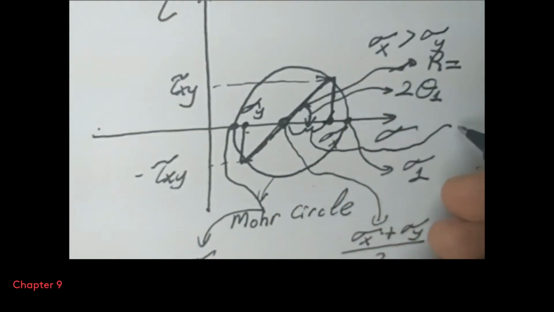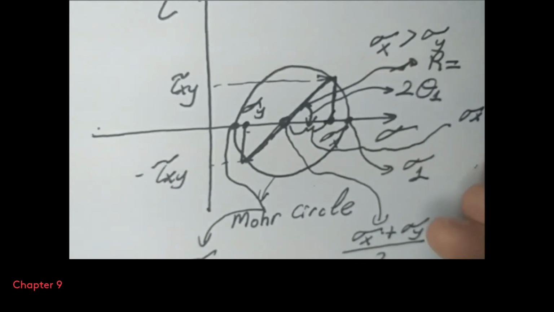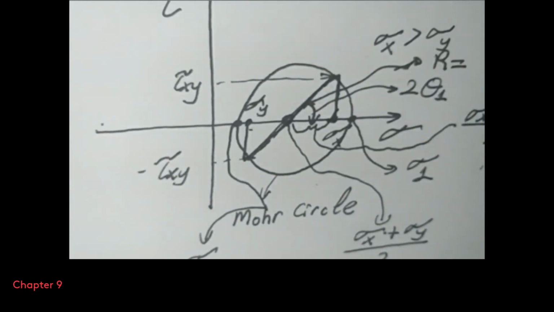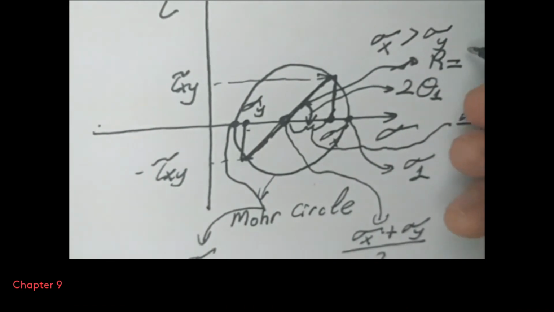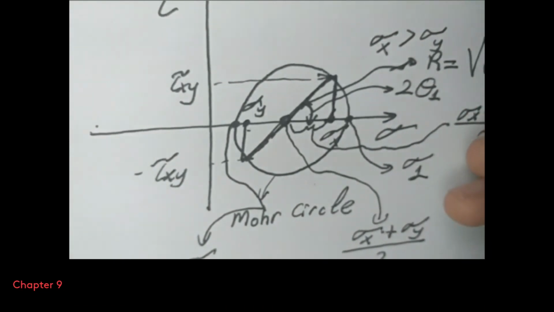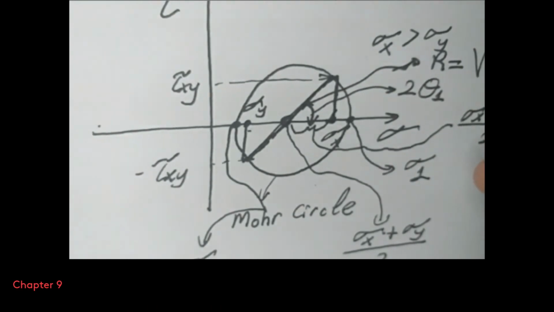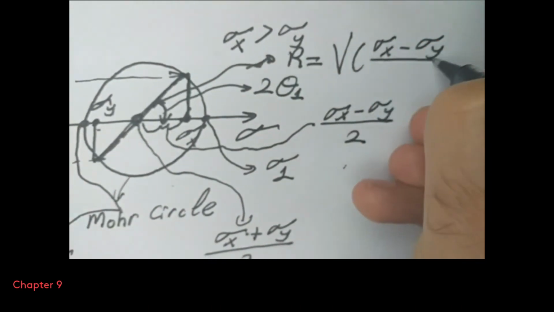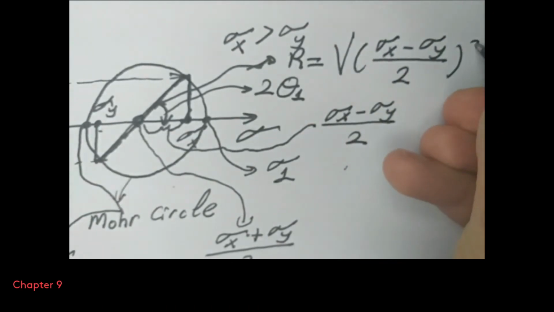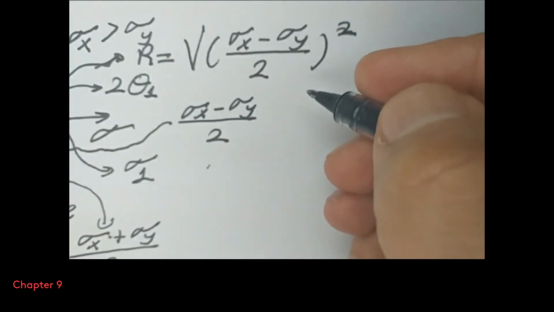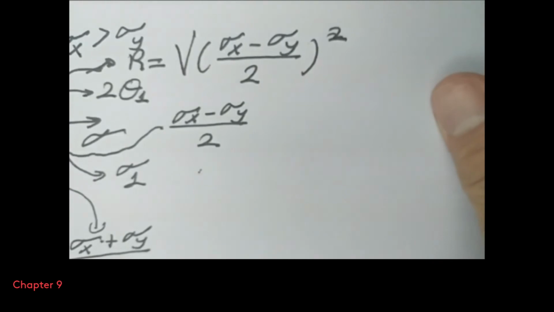Therefore, r is equal to the square root of sigma x minus sigma y divided by 2, squared, plus tau xy squared. This is r, the radius of the circle.